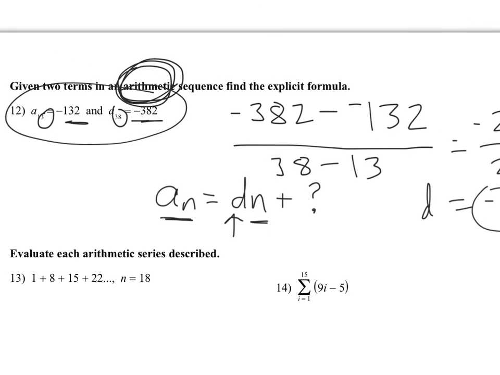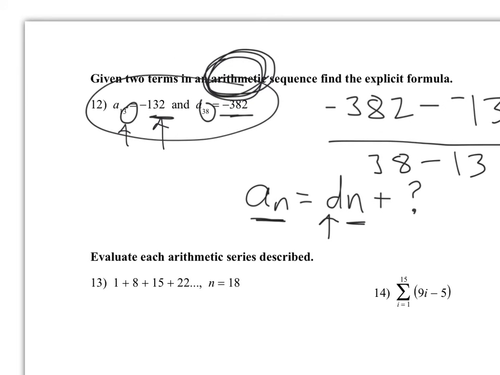So if we wanted to use this n value and that a sub n value, we would have a sub n is negative 132 equals negative 10 times the n value of 13, and that's going to give us that unknown starting value. Negative 10 times 13 is negative 130.